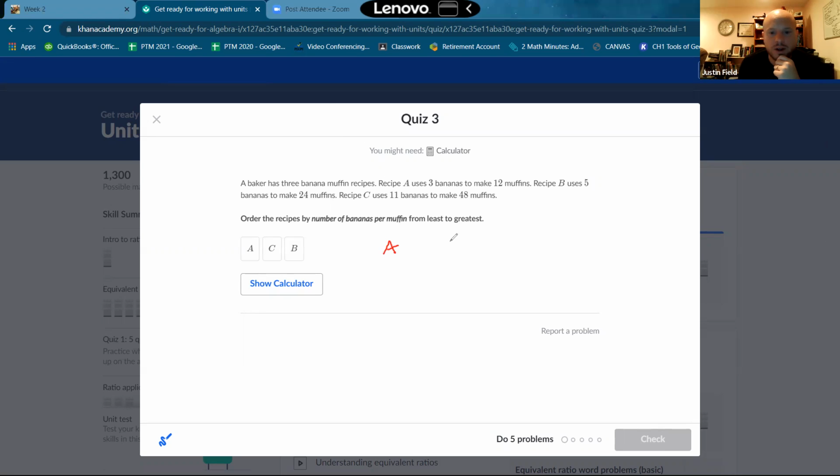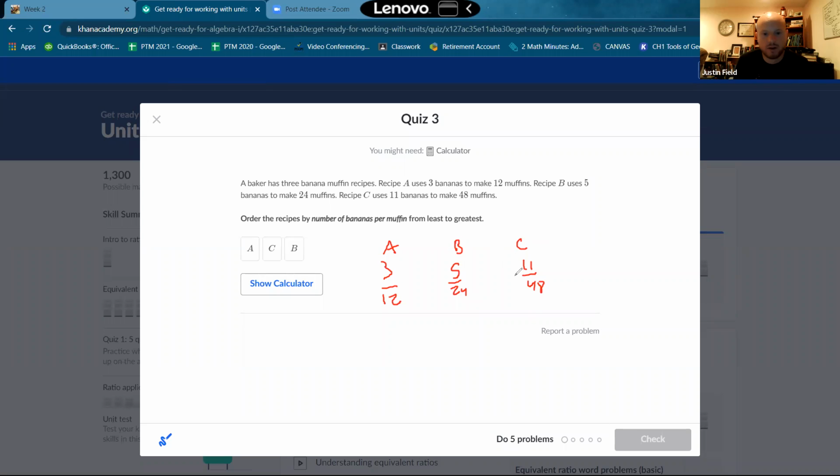So I'm gonna organize my info. So 3 to 12, 5 to 24, 11 to 48. I'm just going to divide these numbers.